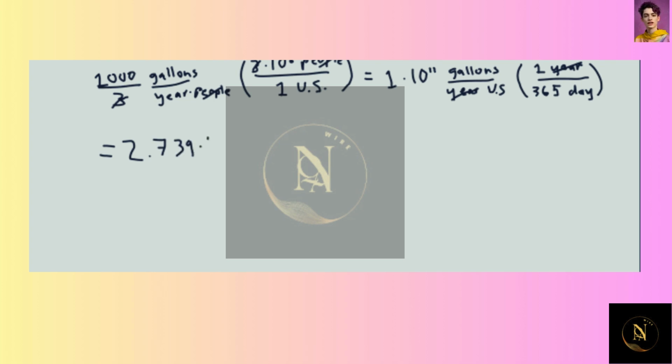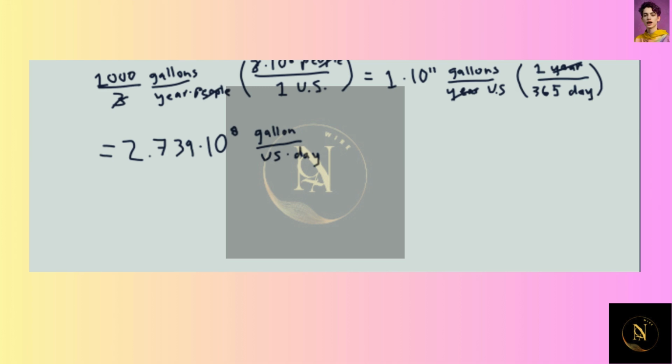The value that you get is about 2.739 times 10 to the 8 gallons per U.S. in a day.